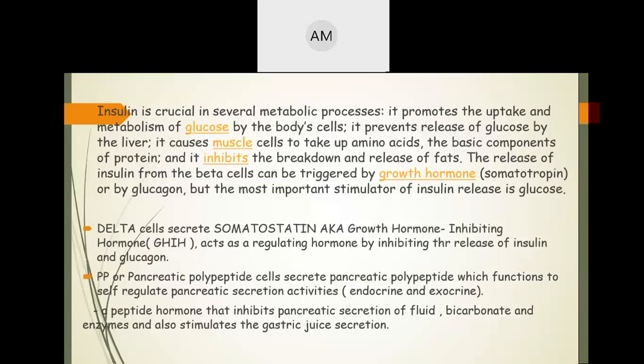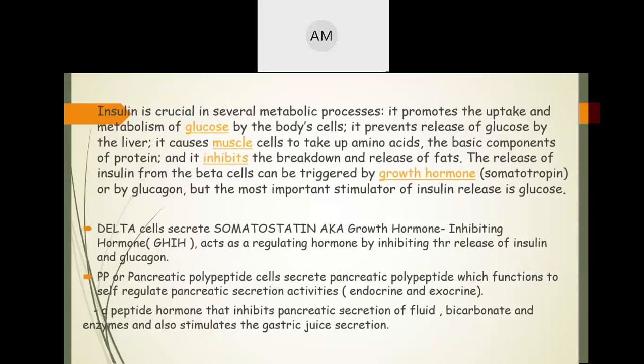But the most important stimulator of insulin release is glucose, which means that whenever we eat food and there is an increased level of glucose inside the bloodstream, a signal is sent to the pancreas that the glucose level is rising. Then the pancreas will start to produce insulin to counteract the rising glucose inside the body. But there are other two factors, glucagon and somatotropin, which can trigger the production of insulin from the pancreas.